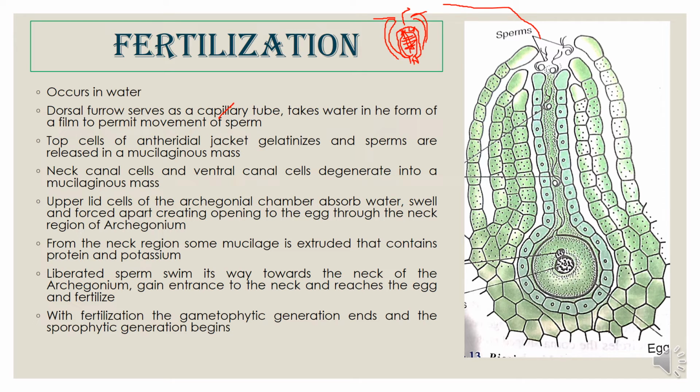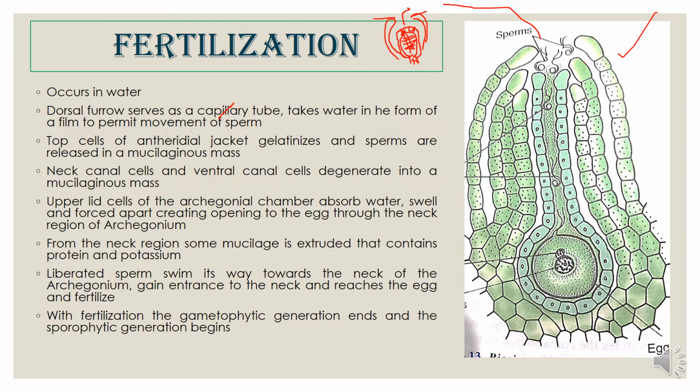And by this time, the neck canal cell that was present in the archegonium has degraded, and also the ventral canal cell that was present in this region has degenerated, and they degenerated to produce a mucilaginous mass.